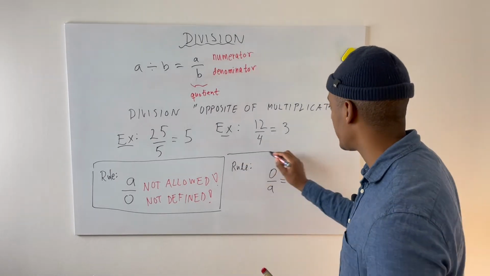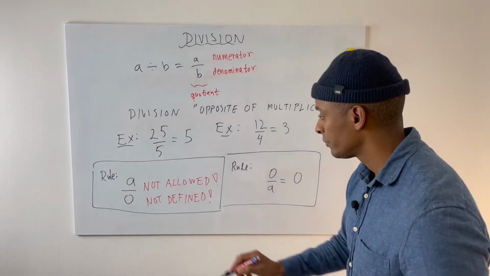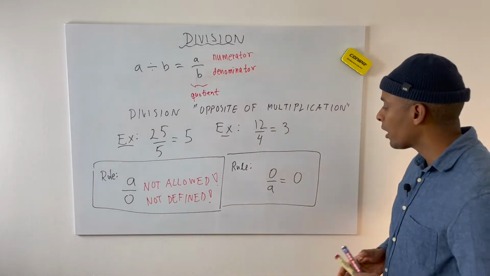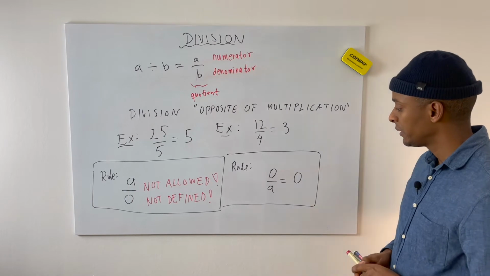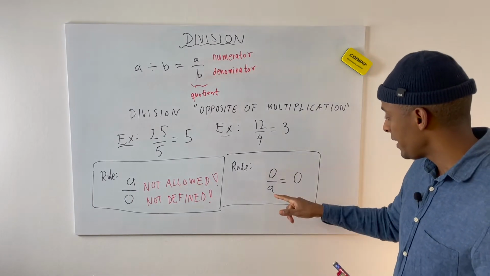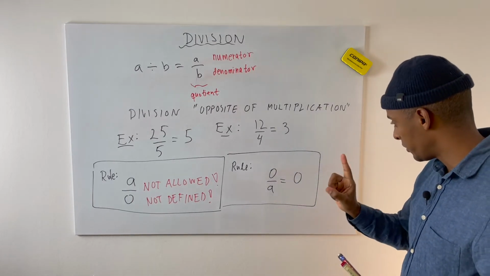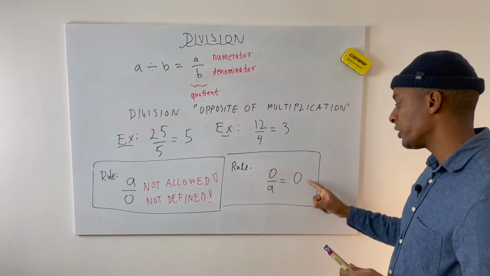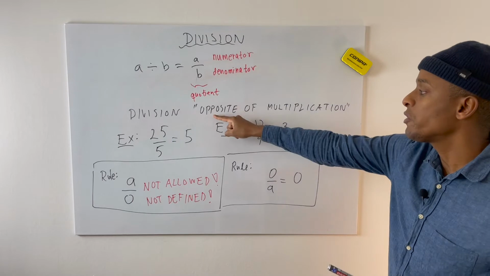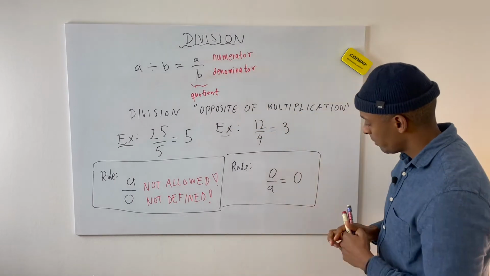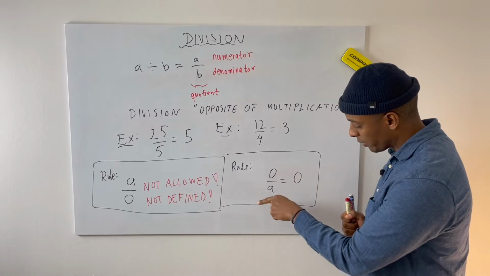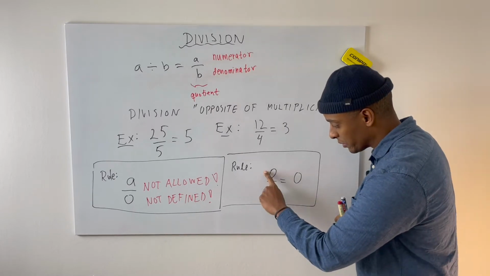This is the second rule. And it's quite obvious when you think about it: if A is a number that is not equal to 0, then 0 divided by A is always going to be equal to 0. Why? Let's use this opposite thing again. Because we know that taking 0 and multiplying it with any number has to be equal to 0.